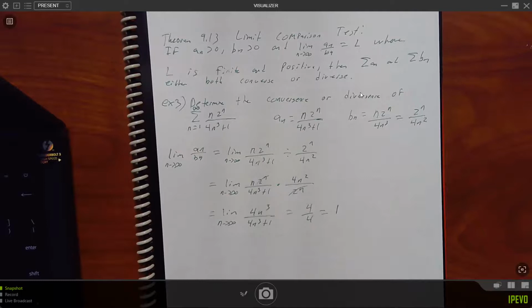So now we know that either both of them converge or both diverge, because the limit is finite and equal to 1.